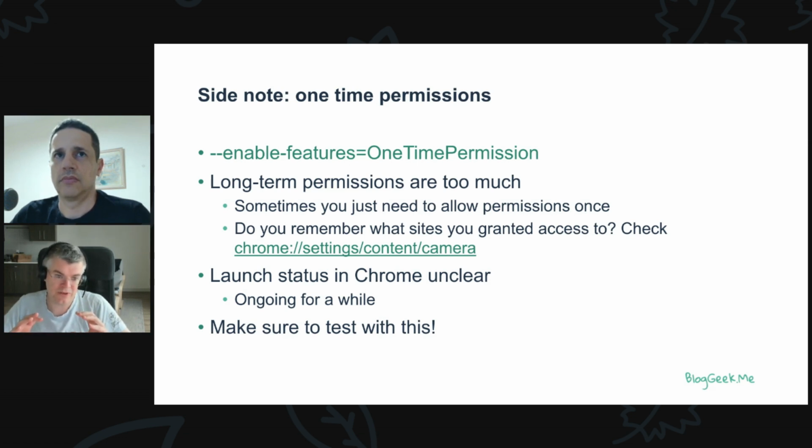So what Chrome is trying to do is they're pushing for more allow just this time. This had been ongoing as a field trial for quite some time. Launch status is a bit unclear, but make sure to test with this so you're prepared for upcoming changes. Yeah, it's running on my machine, I think, most of the time now. Yes. So ramping up the experiment.